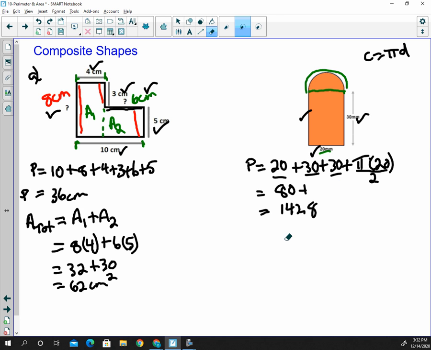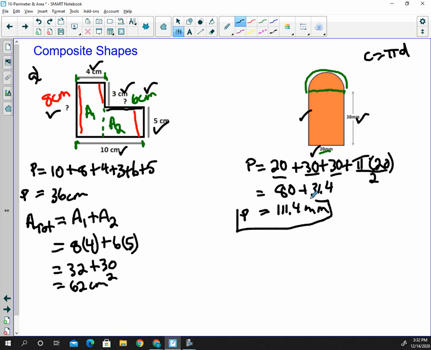This should be 31.4, which will change this answer a little bit. So if we add 81 and 31.4, we should get 111.4, and that's measured in millimeters. All right, so that was the perimeter.